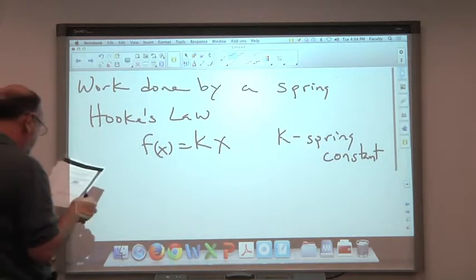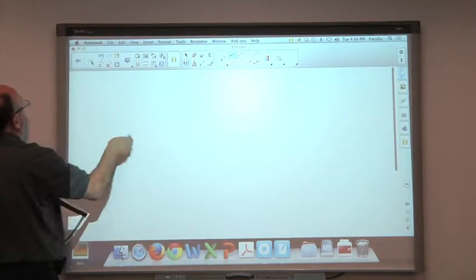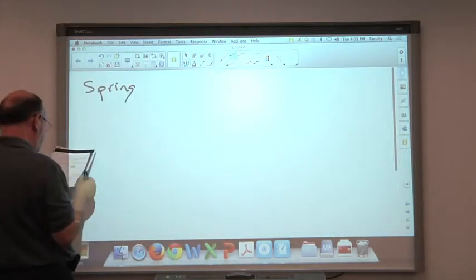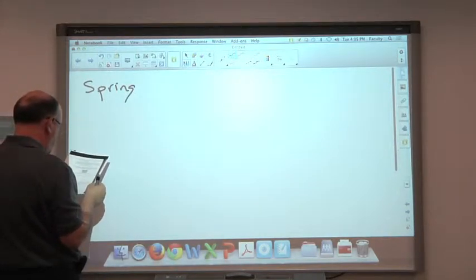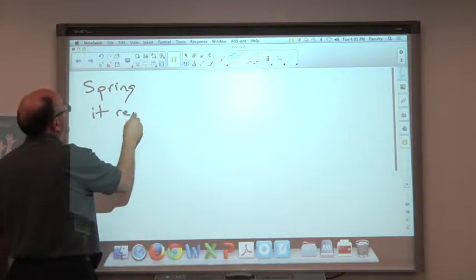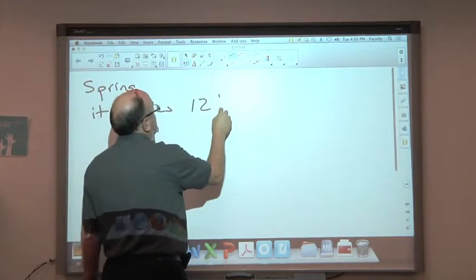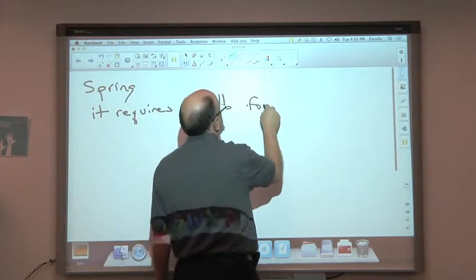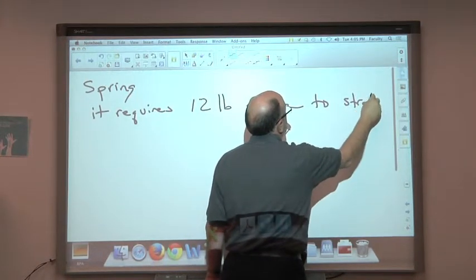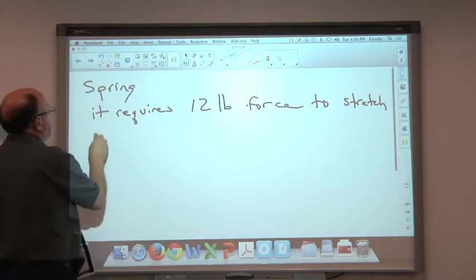So here's an example of how this would work. Let's say we have a spring, and it requires 12 pounds of force to stretch 10 inches.